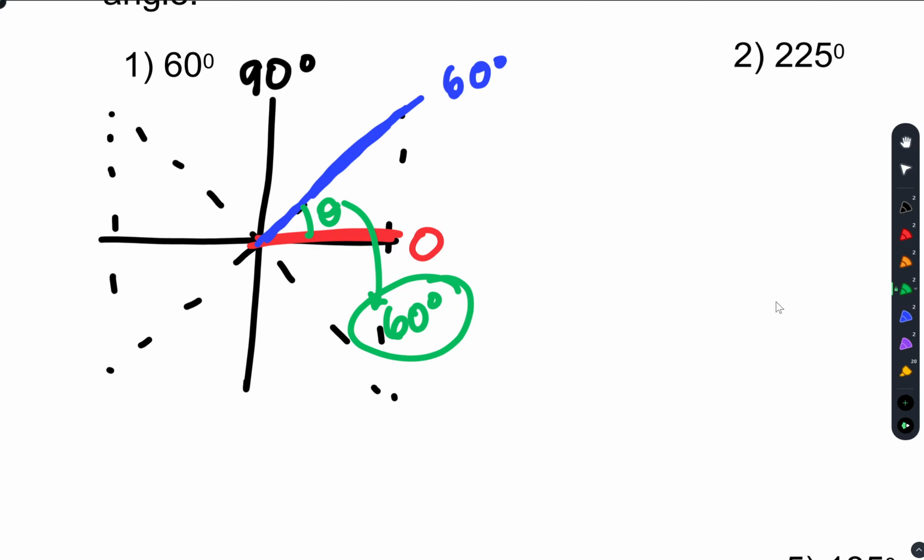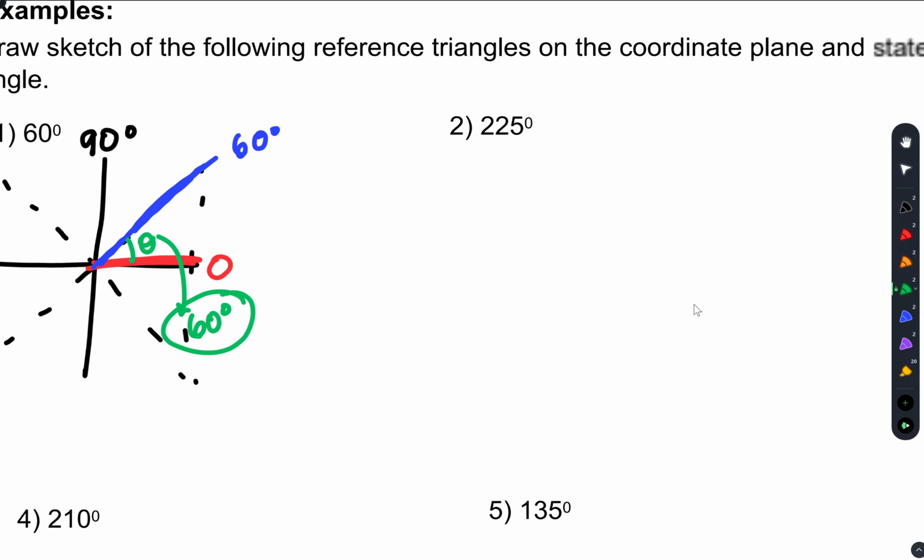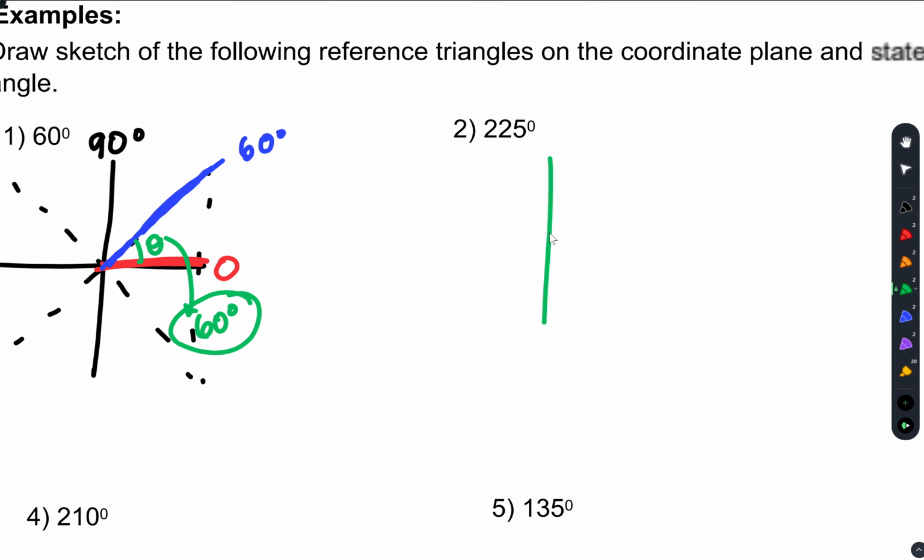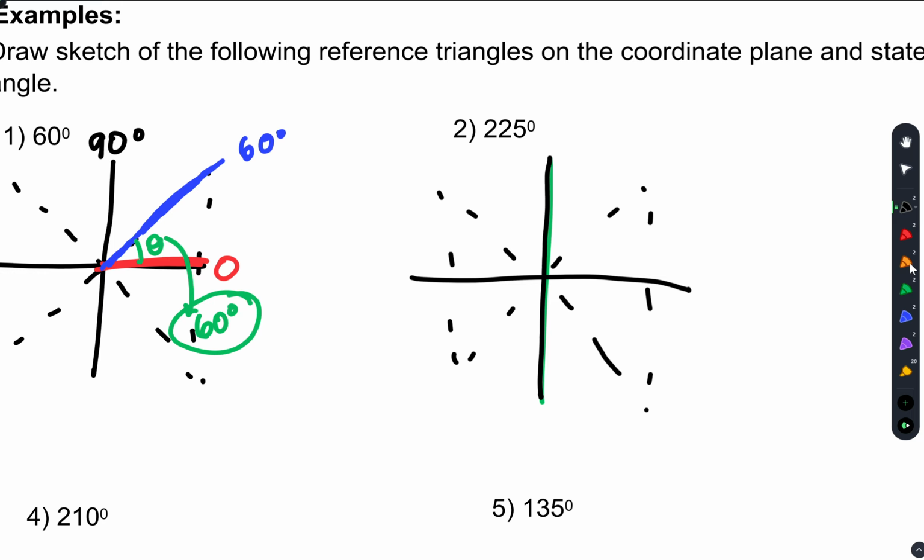Let's try number 2. I'm going to do the same thing, starting with a coordinate plane. A little bow tie shape. Starting with my initial side at 0. Then I'm going to start counting around. First section 90, second section 180, third section 270. Now I'm somewhere in between 180 and 270. So there's where my terminal side goes.